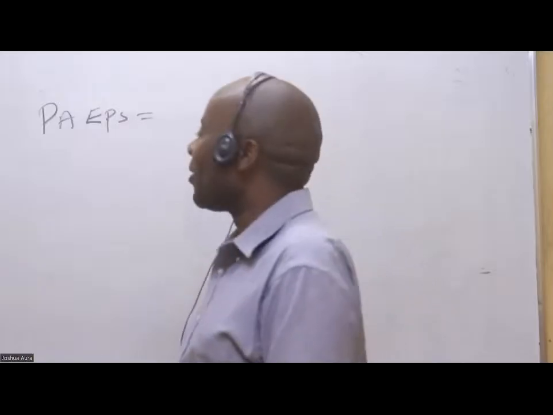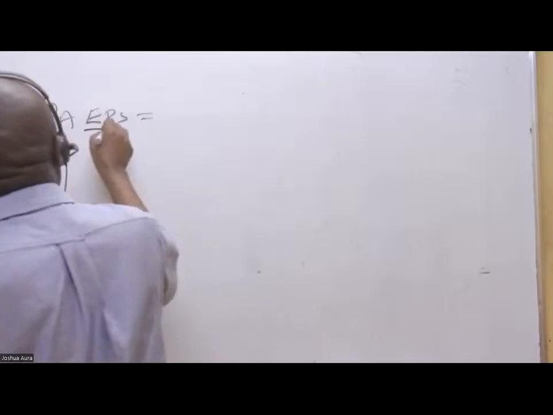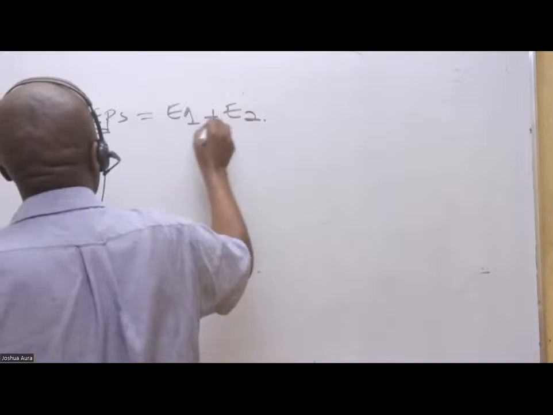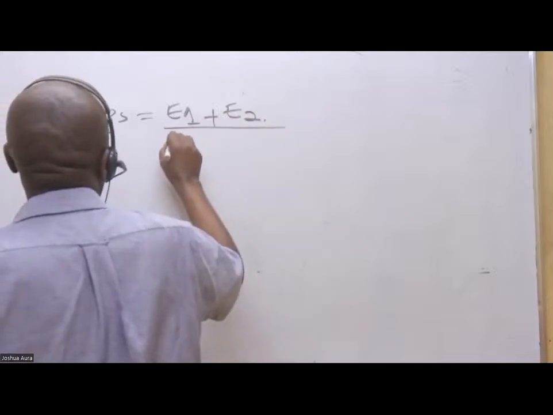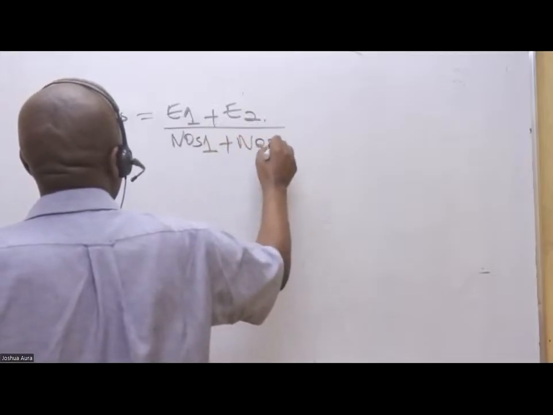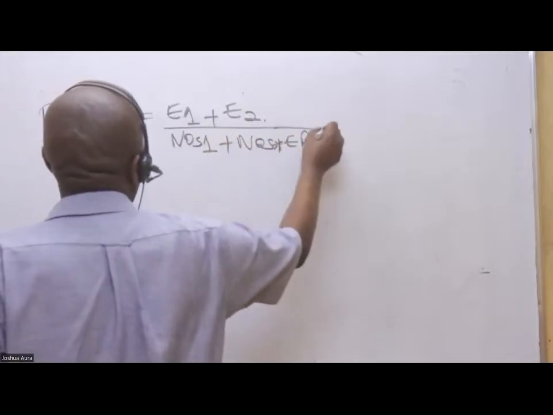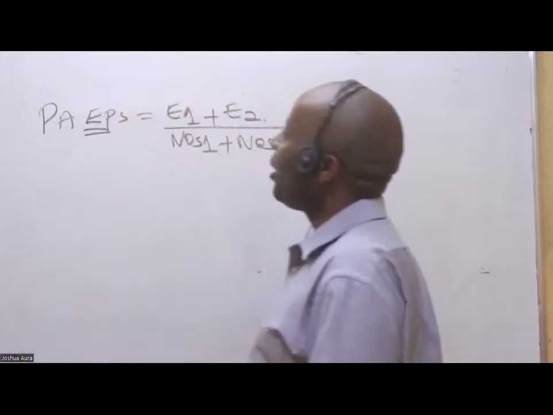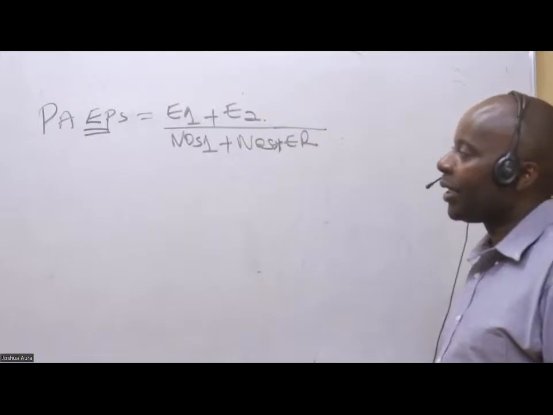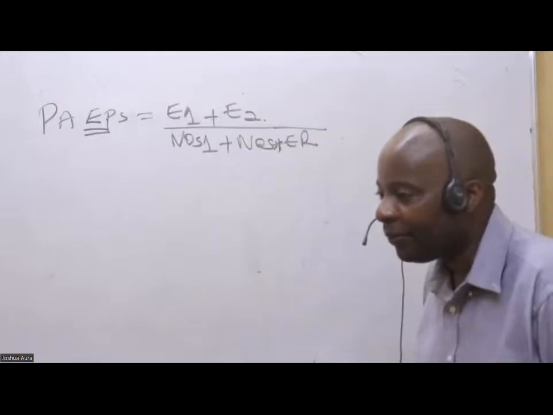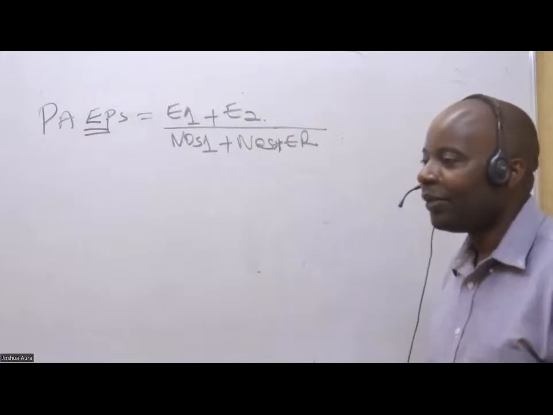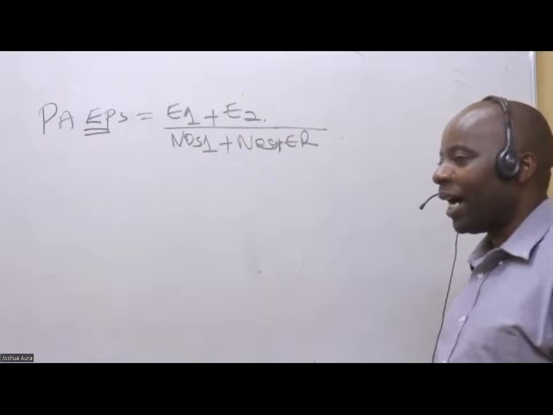We shall overcome. So it means, ladies and gentlemen, that post-acquisition earnings will be equal to my earnings plus our own earnings, isn't it? All over the number of ordinary shares of company 1 plus number of shares of company 2 times what we call the exchange ratio. PA stands for post-acquisition earnings per share.